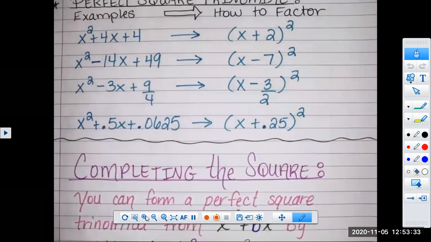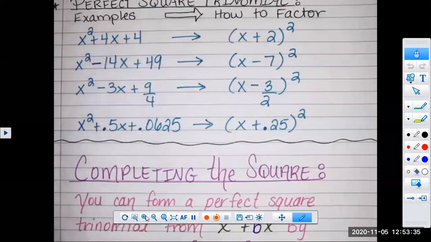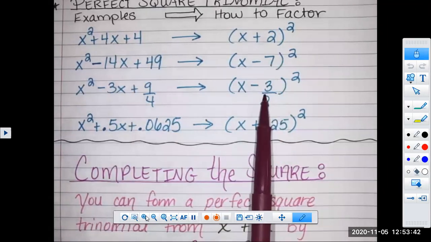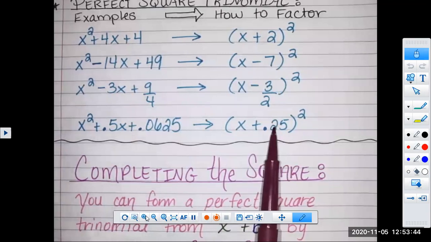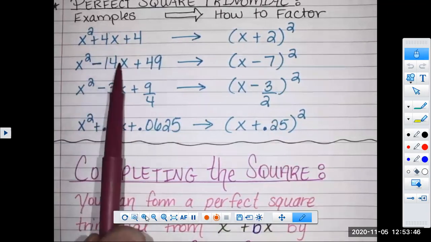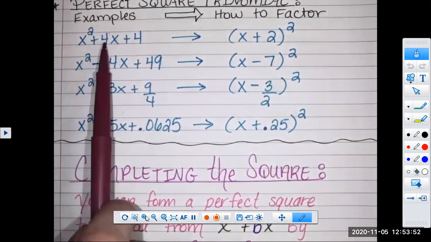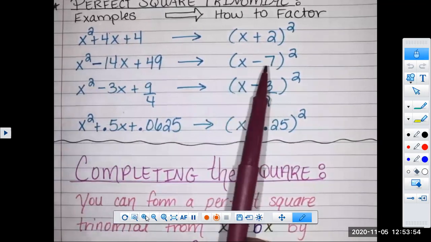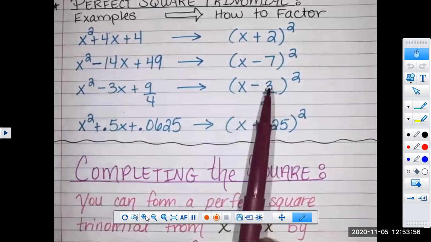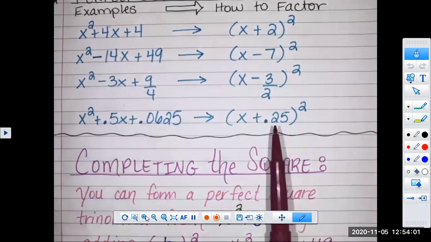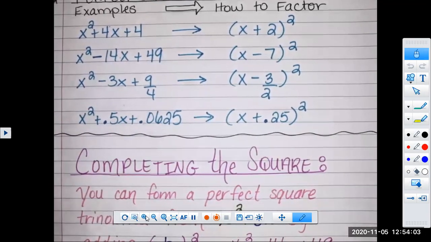All right, look at this. How do all these last numbers in the factored form relate to all of the middle numbers? 4 to 2 is half, 14 to 7 is half, 3 to 3 halves is half, 0.5, half of that is 0.25.